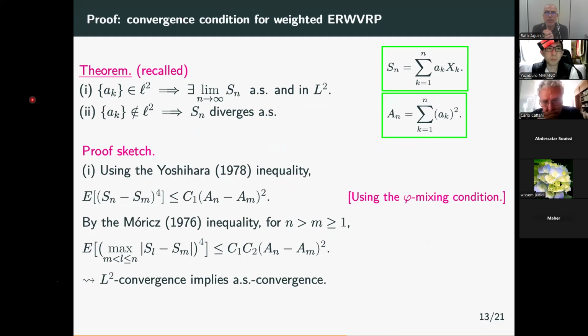Why does memory not affect this condition? The memory, the parameter P. So for all P, if the sequence AK is not square summable, we have divergence for all P. Yes. Okay. For all P, yes.